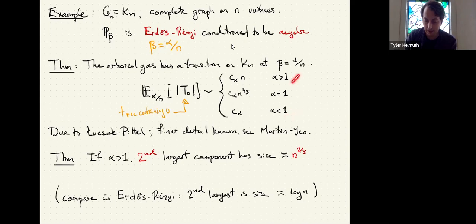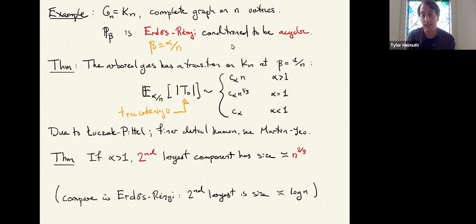If alpha is bigger than 1, it looks like a positive fraction of the vertices, some constant times n. And if you're exactly at alpha equals 1, then it looks like a constant times n^(1/3). Okay, so alpha equals 1 is the critical point. And we see this difference in behavior. So above, there's percolation, there's a giant component, and below, there isn't.